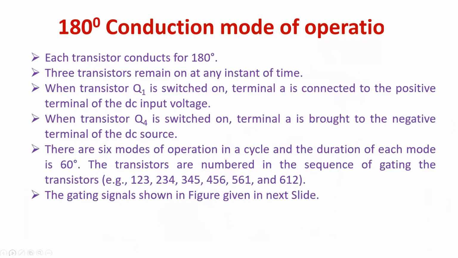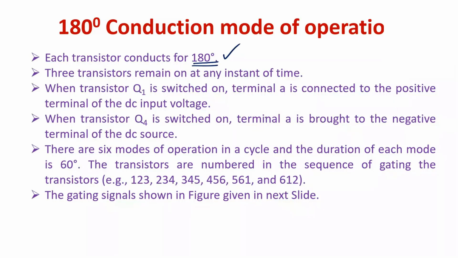So, first we see the operation of the 180 degrees conduction mode of operation. That means the thyristors or the switches that are present in the circuit will conduct for a period of 180 degrees.